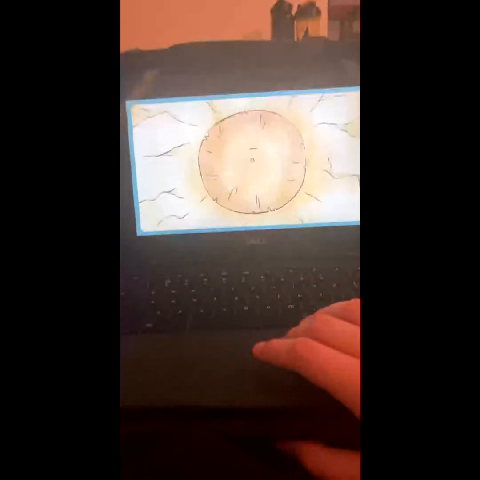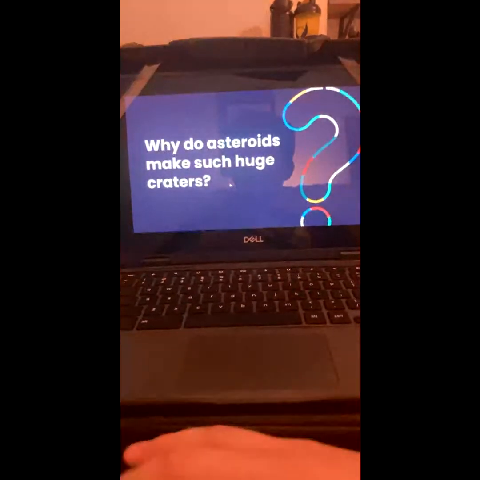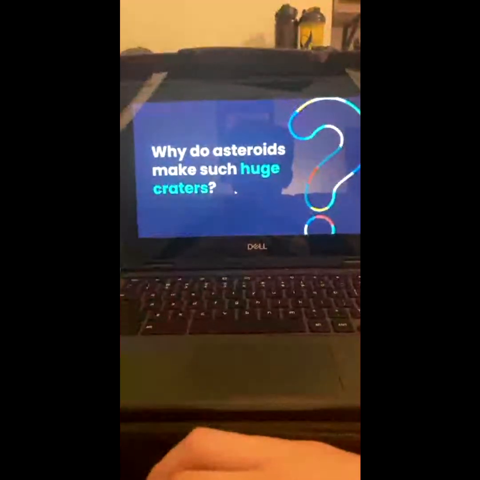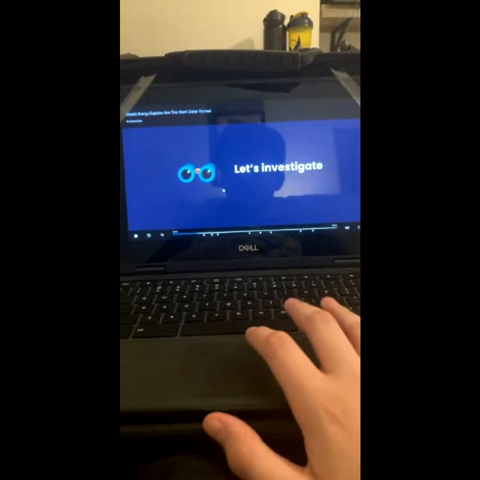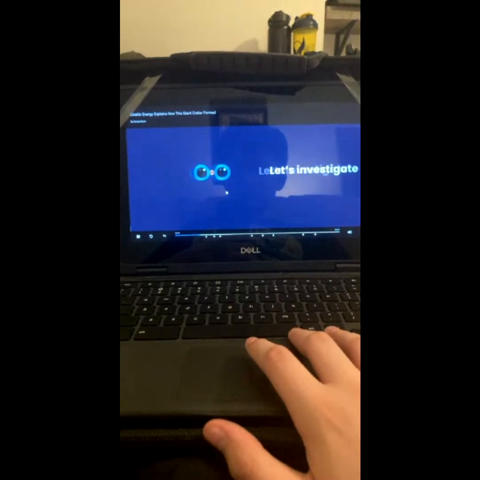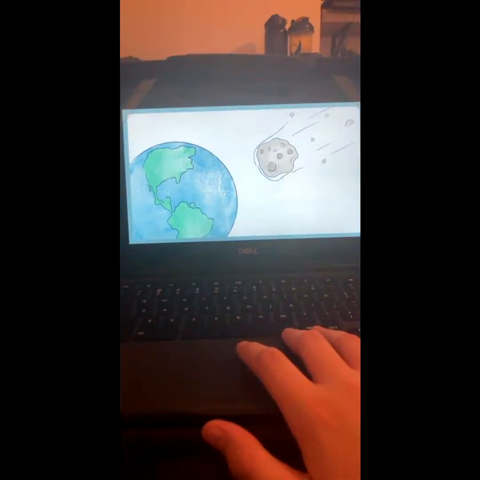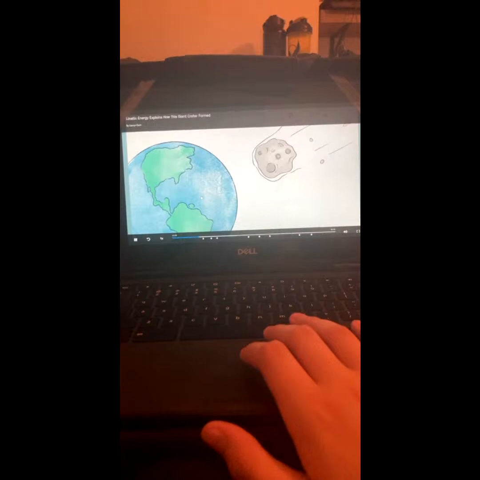This striking difference leads us to our key question: why do asteroids make such huge craters? Let's investigate the impact of an asteroid. Asteroids sometimes fall to Earth from space, and they fall quickly.